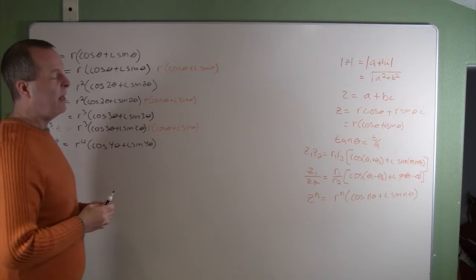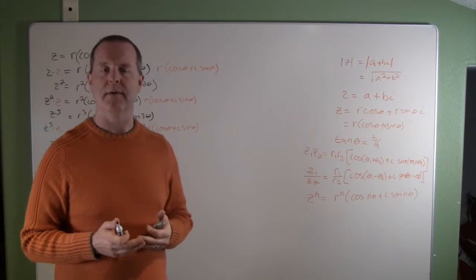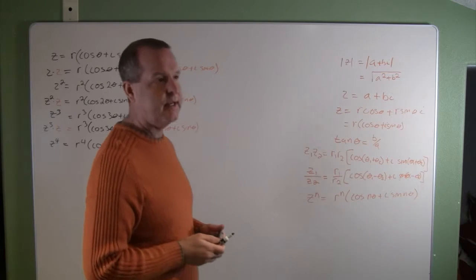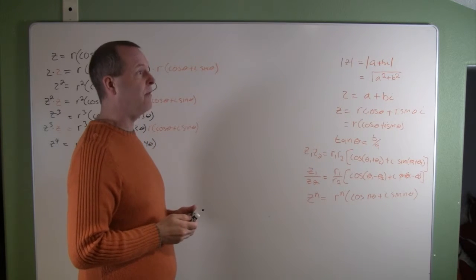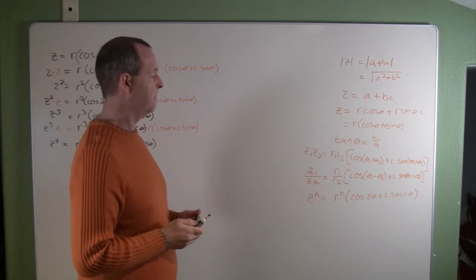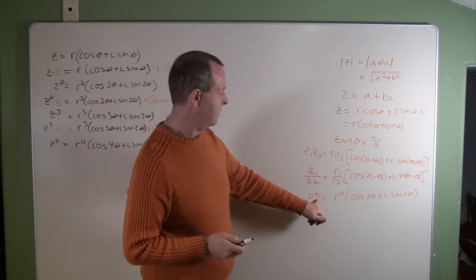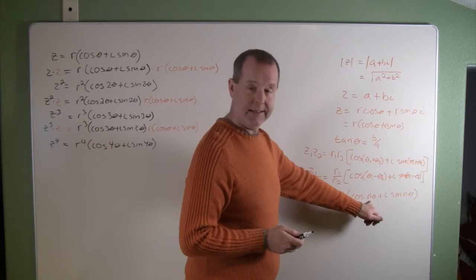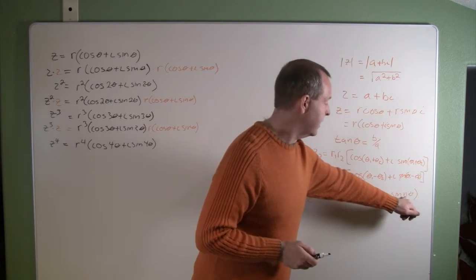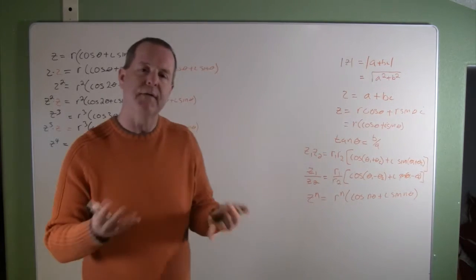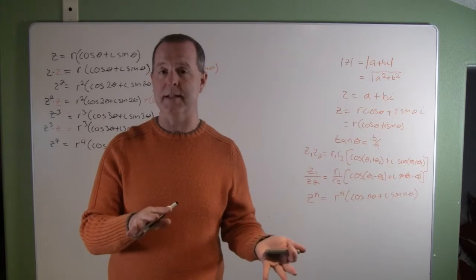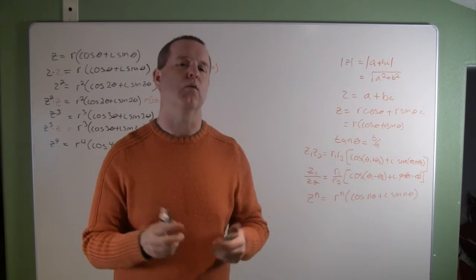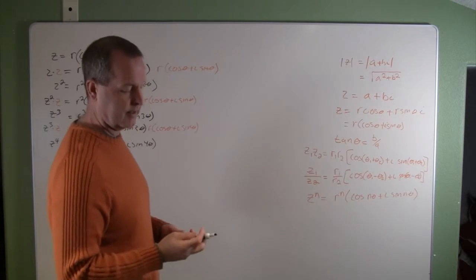And so what we have is De Moivre's theorem, which says that z to the nth equals r to the nth times cosine of n theta plus i sine of n theta. Given that, we can take any complex number written in polar form and use that to raise it to whatever powers we need.